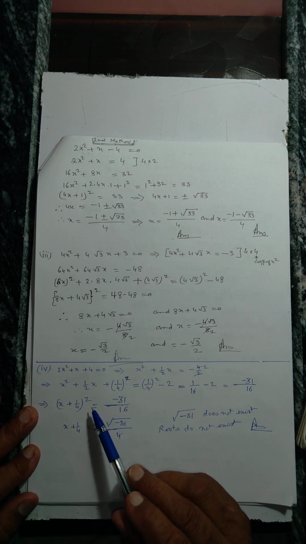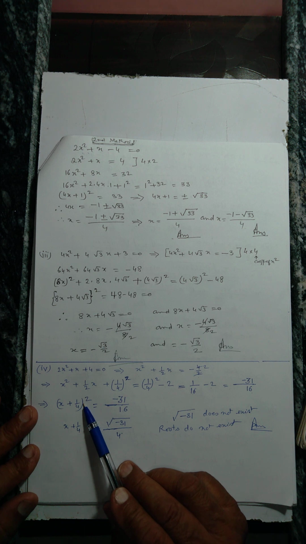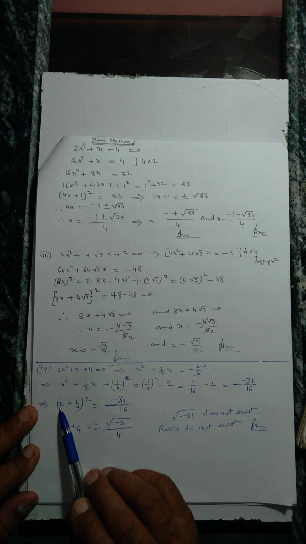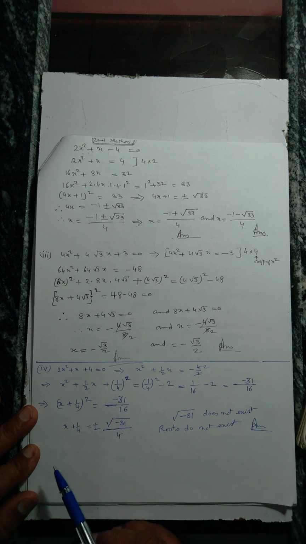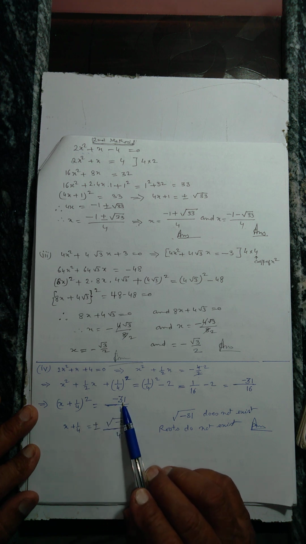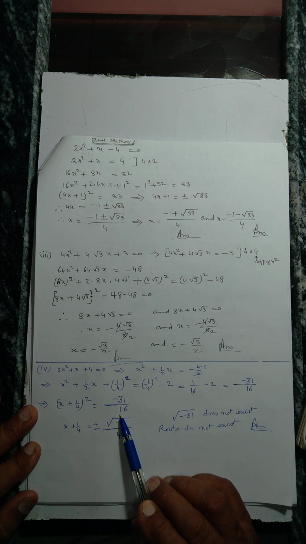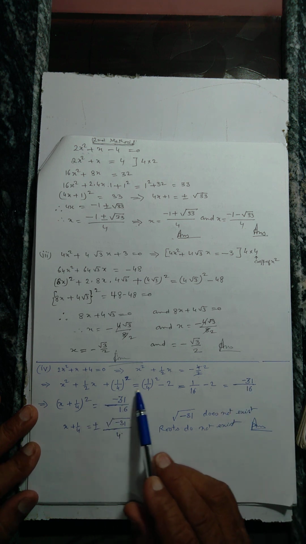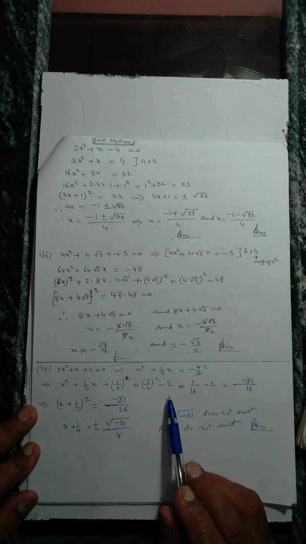While making a square of any number, we can't get minus. Either it is positive or negative, while making the square of that number, it should always be positive. But here it is minus 31 upon 16. It is a perfect square on the left hand side.